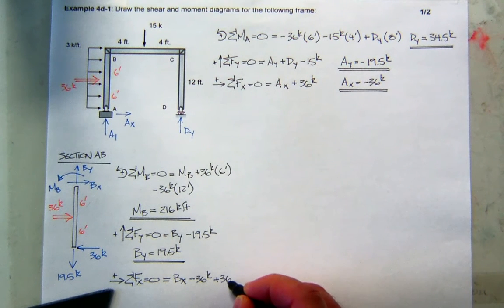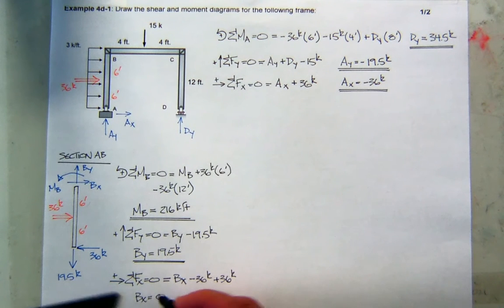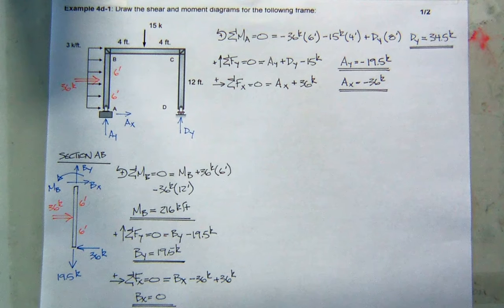And what else? Well, that's it. So it looks like BX is 0. We're maybe halfway done. And we've been at this for 10 minutes.